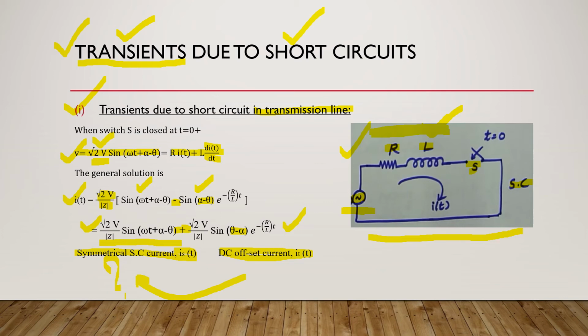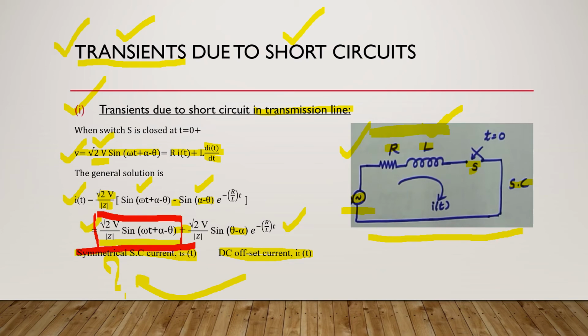If we look at the first thing, the symmetrical short circuit current, this is a function of sine. It will become maximum when sin(omega t plus alpha minus theta) equal to 1.